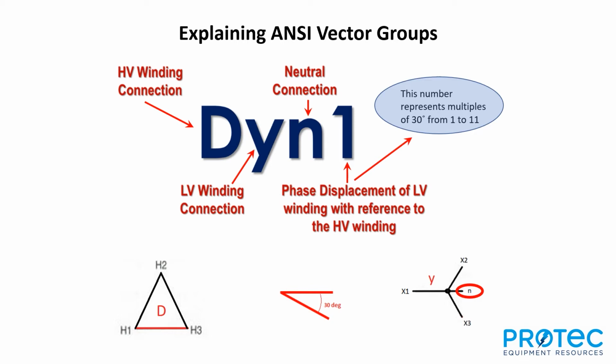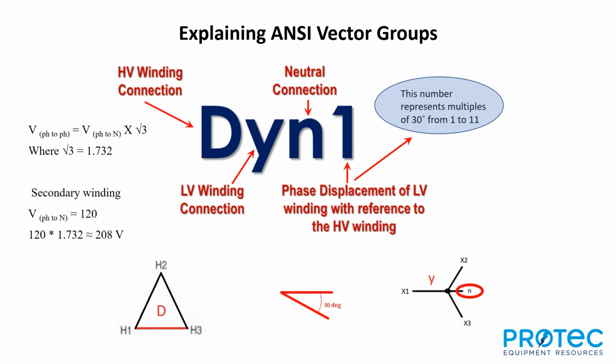That's what that 1 at the end of this ANSI vector group is indicating, that there's a 30-degree shift. So each number, 0 to 11, is representative of a multiple of 30 degrees. We were given in that nameplate a line-to-line and a line-to-neutral voltage for the secondary winding. But if we had one or the other, we could calculate the other.